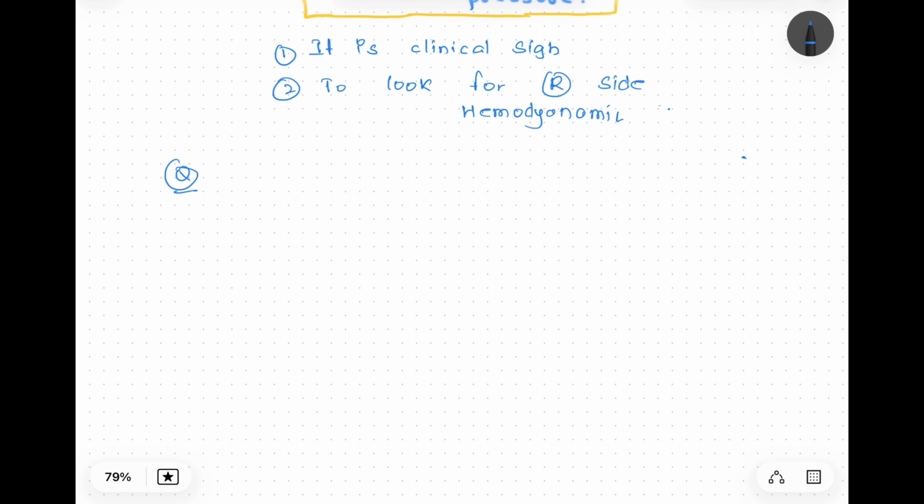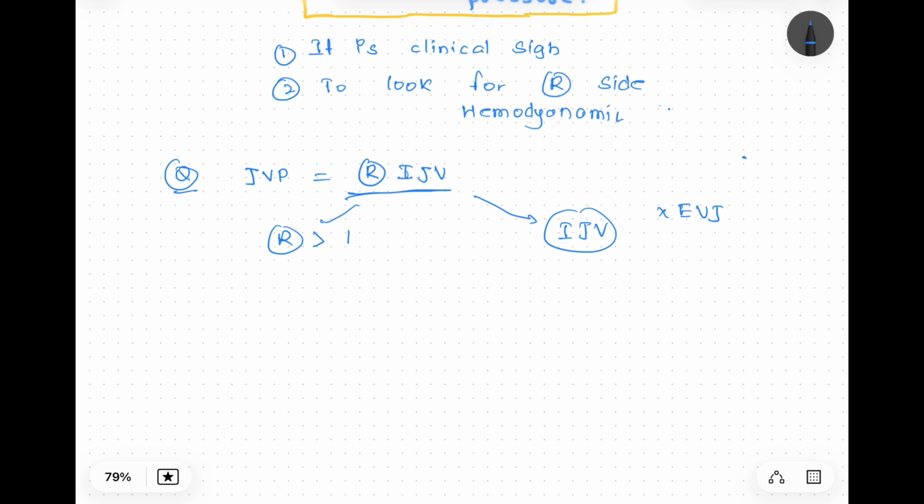So my question is, where do we commonly measure JVP? It is the right internal jugular vein. Then I have two questions: why right, and why internal jugular vein, not external jugular vein? Why right, not left? First, right IJV is more in the line of RA.